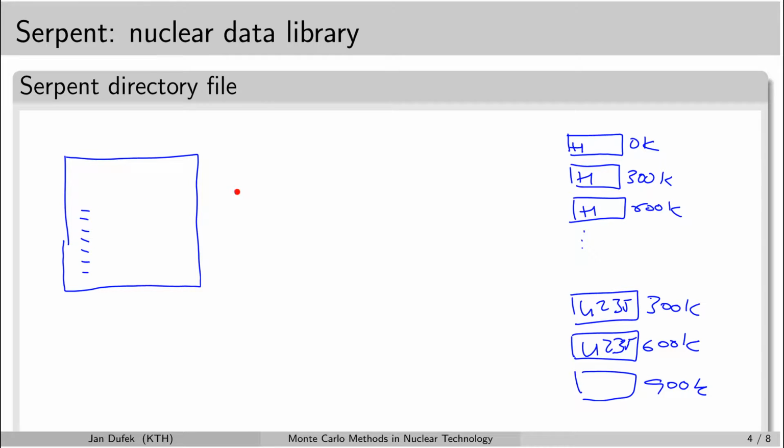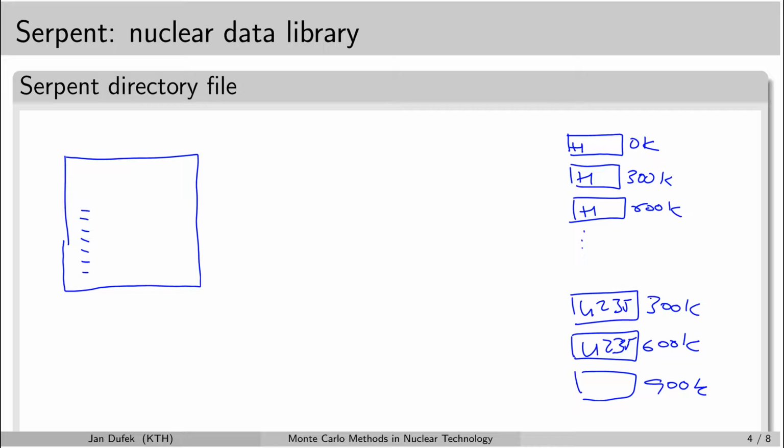So we would have to establish links between these different nuclides in the input file and the files, which may in principle be scattered over the whole file system. So we would have to write the path to the files in the input file.